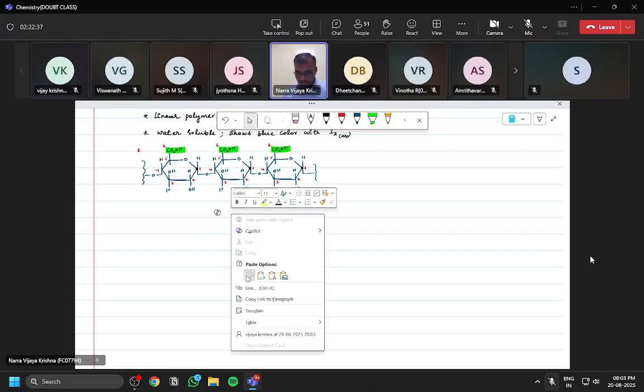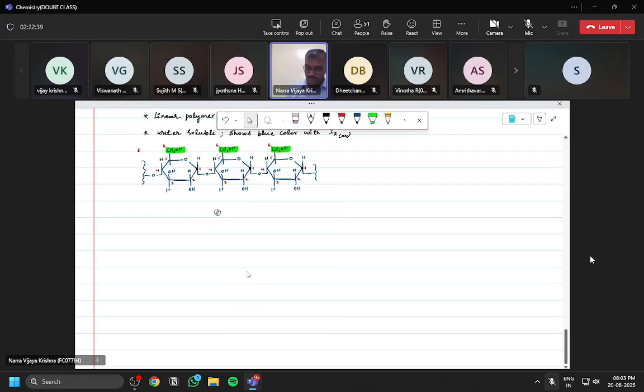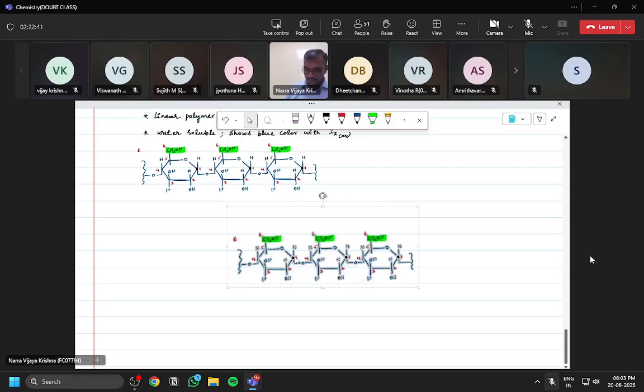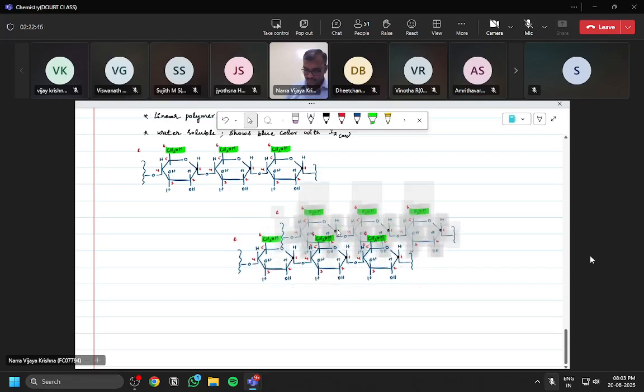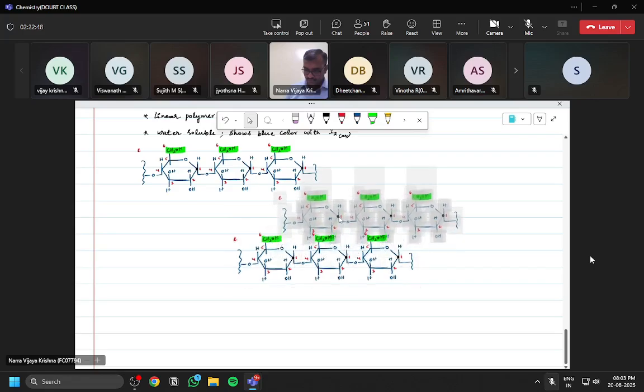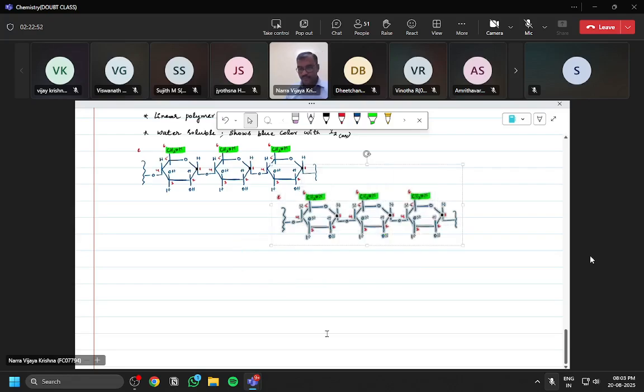This is the second amylose unit. Now, two amylose units I am connecting through the first carbon and the sixth carbon.